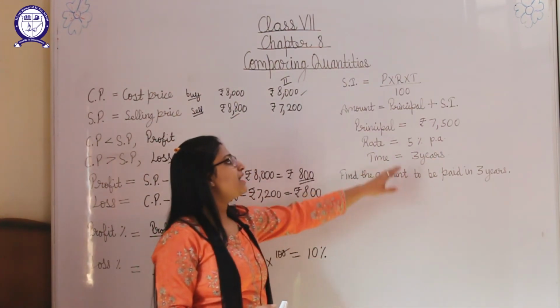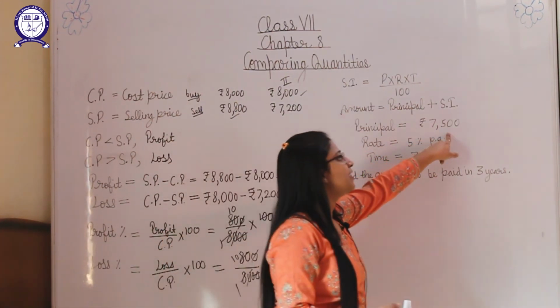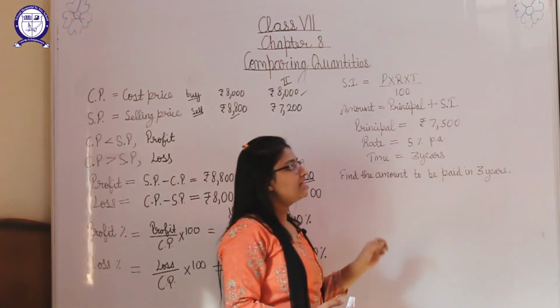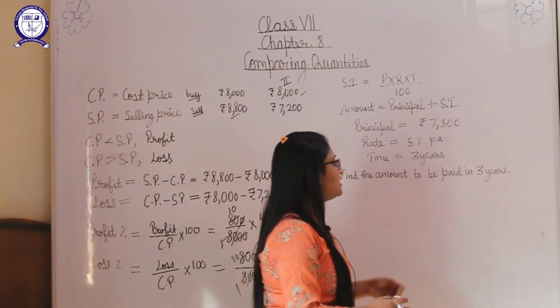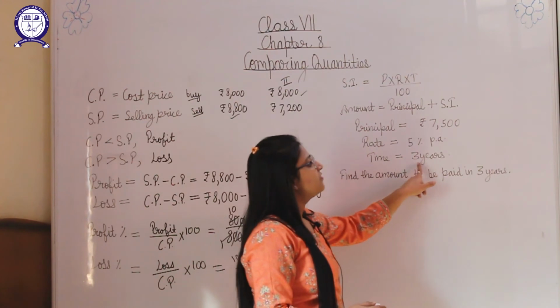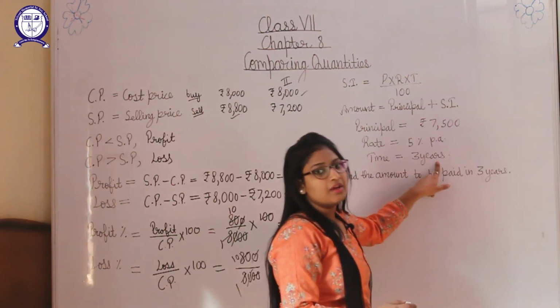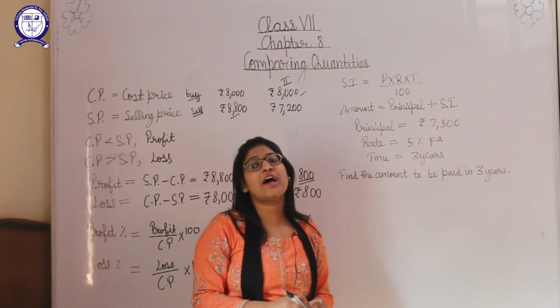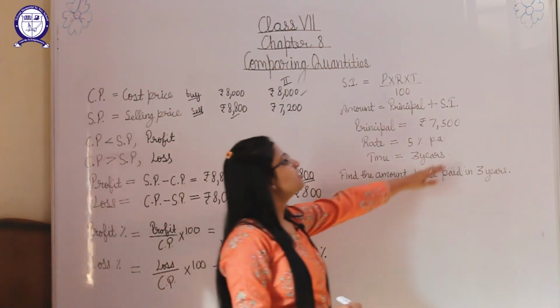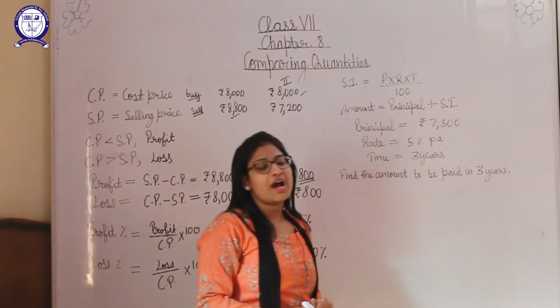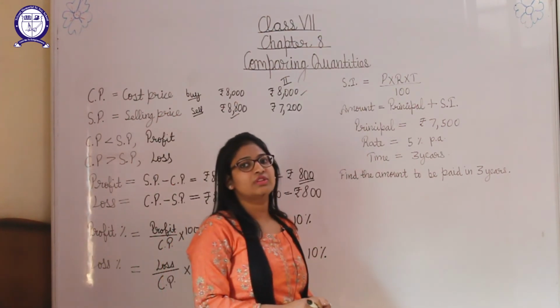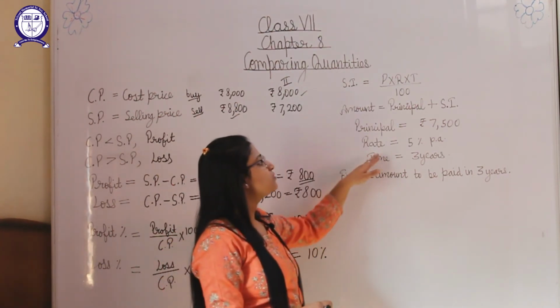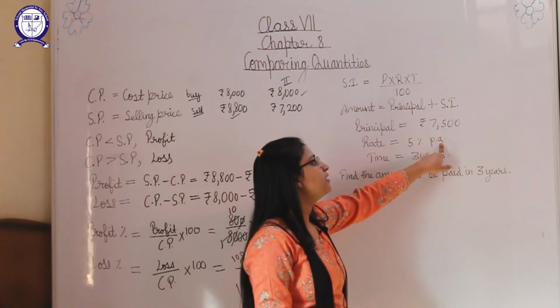He has taken rupees 7500 from one person, and he said that he will return the money after 3 years. But the other person who is giving the money will say that I will not accept 7500 only, I want interest also on that money. And that interest will be at the rate of 5% per annum.